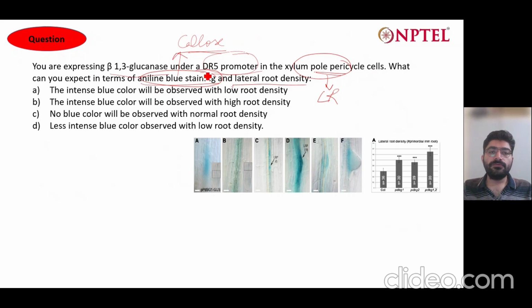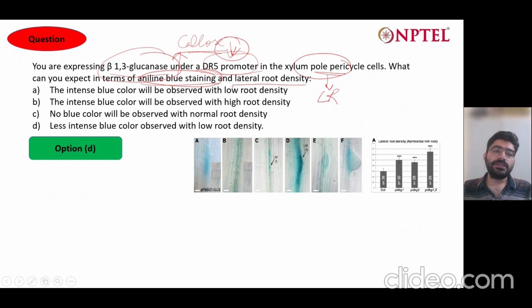What will happen here is that when beta-1,3 glucanase is expressed, callose will decrease, and as callose decreases, there will be low root density. Okay, because as we have seen, there will be high root density when callose is present. So the correct answer would be that less blue color will be seen and low root density will be observed.